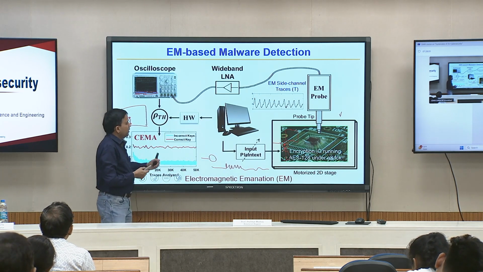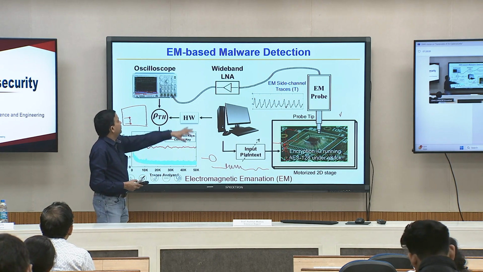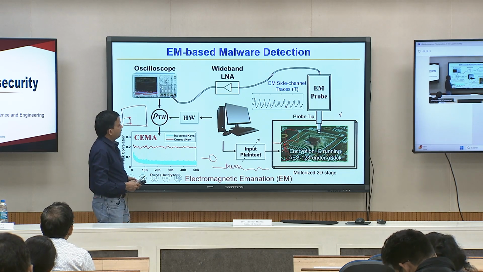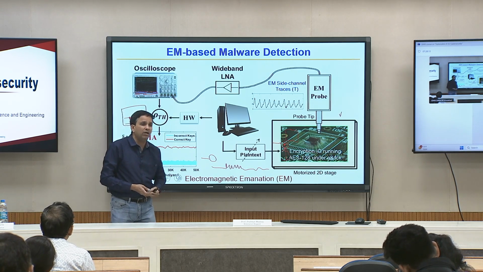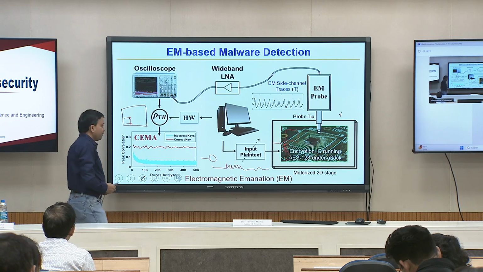But whatever you do, because of the availability of the EM signal, it goes to an oscilloscope, you get that, then you feed it to wherever you want, then it goes to a machine learning model, and the machine learning will figure out whether a malware is running or not. And how does it figure that out? It is the same philosophy.